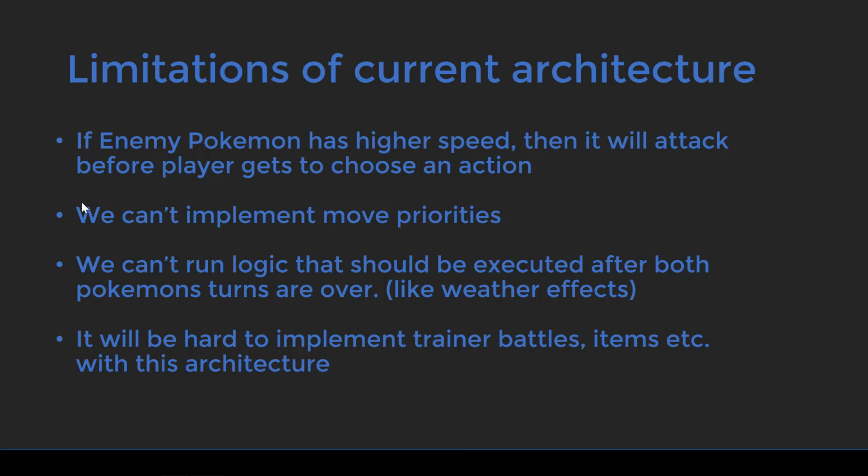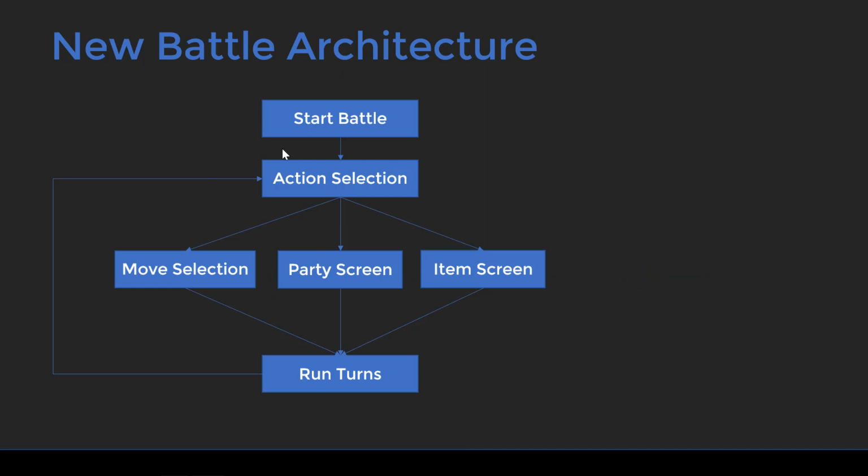Before we start refactoring our current architecture, let me show you how the new architecture is going to look so you can get some basic idea. So this is going to be our new architecture. At the start of the battle, we'll always go to the action selection state, and then whichever action we selected, we'll call the run turns function.